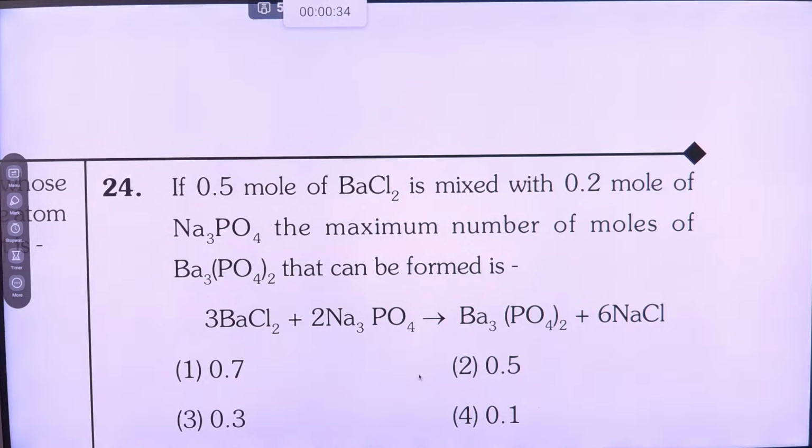You have to find which one is the limiting reagent, so divide by the coefficient, then find the answer according to it. 0.2 mole of Na3PO4. Okay, 10 seconds. 9, 8, 7. Post your answer guys. 6, 5, 4, 3, 2, 1.